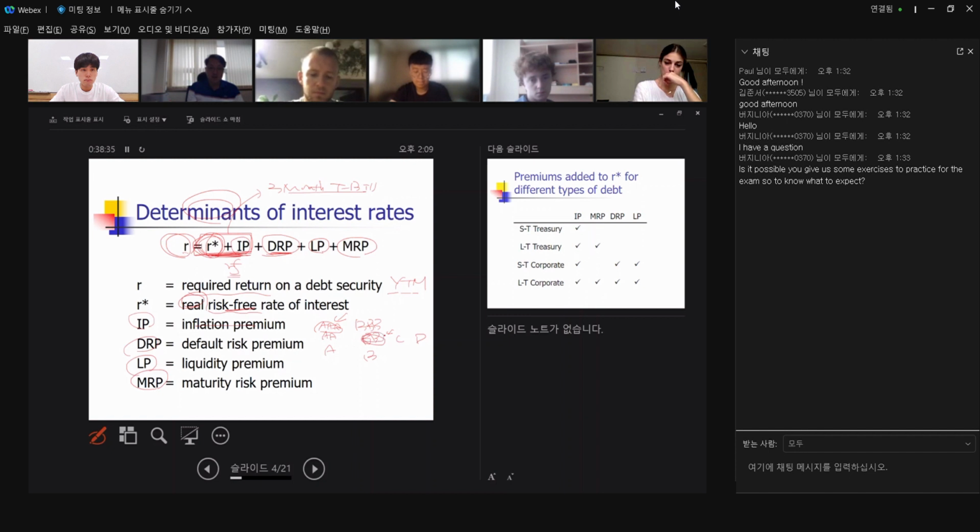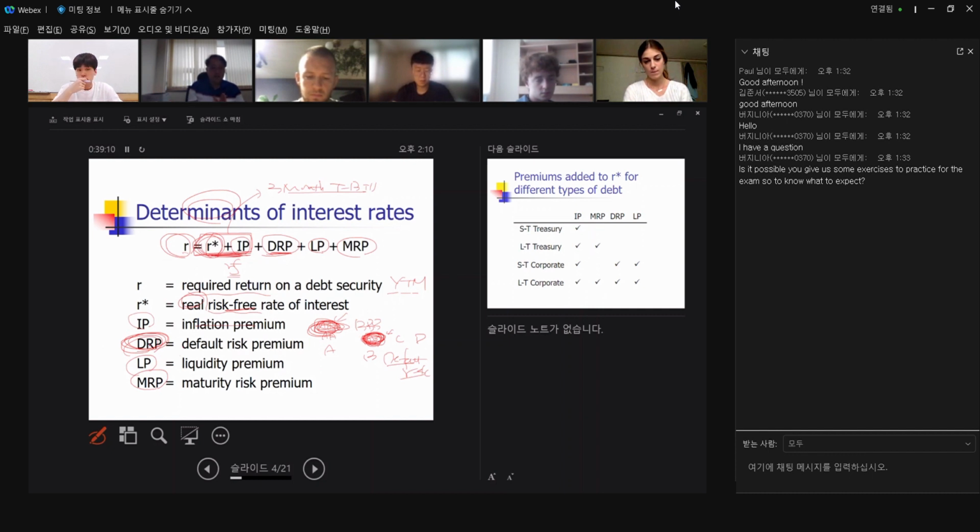So this bond's interest rate is much higher than that bond's interest rate. Why? Due to the default risk, right? So default risk premium reflects those kinds of risk. Definitely double B's default risk premium is higher than triple A's default risk premium, right?